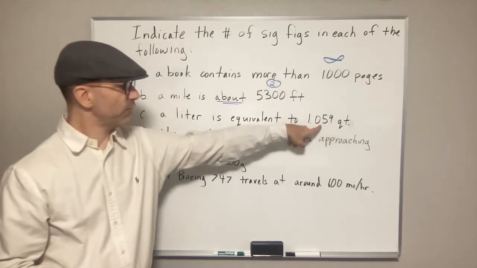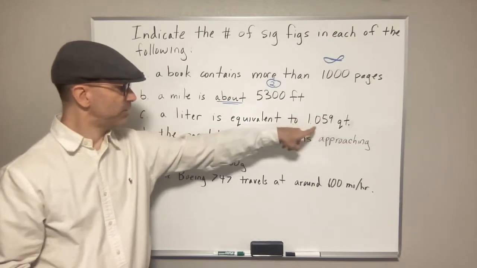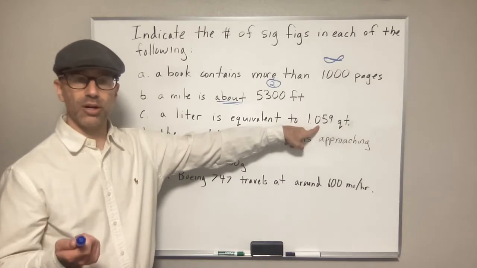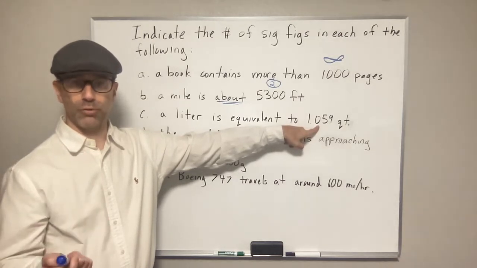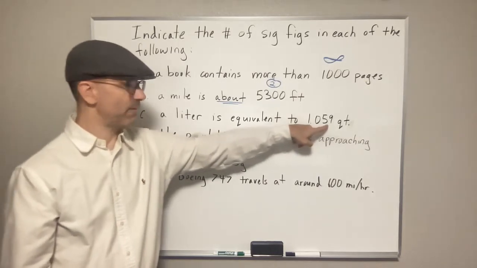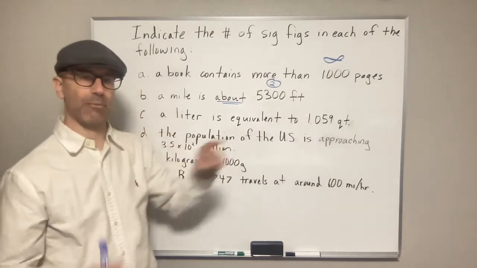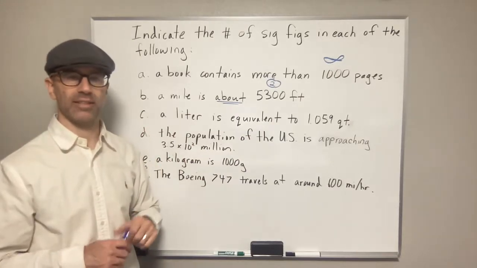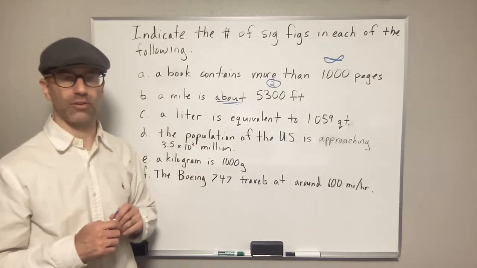And so if this would be the zero here, the other rule for sig figs regarding the zero in the middle: whenever you have a zero that's sandwiched between two non-zero numbers, the rule is that those zeros are always significant.